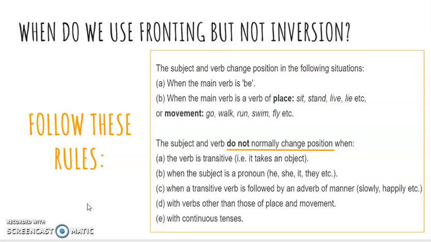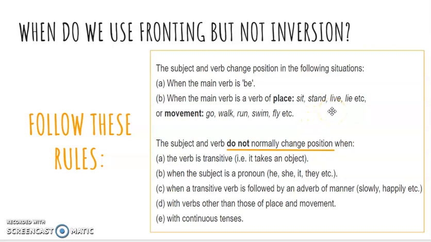This is to put the adverb at the beginning of the clause and do the inversion, or when you use fronting simply, you put the adverb at the beginning, but you don't invert the order subject verb. So when do we use inversion? Now, when the main verb is the verb to be, or when we're talking about a verb implying place or movement, like these ones, for example.